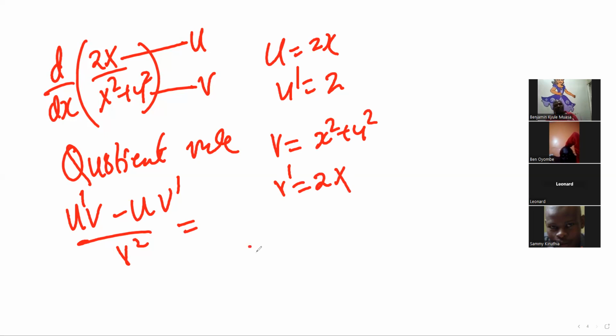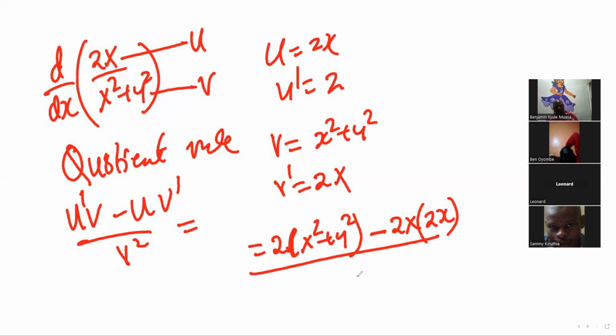So the final answer will be our u prime is 2, times our v, which is x squared plus y squared, minus our u, which is 2x, times v prime, which is 2x, divided by x squared plus y squared.